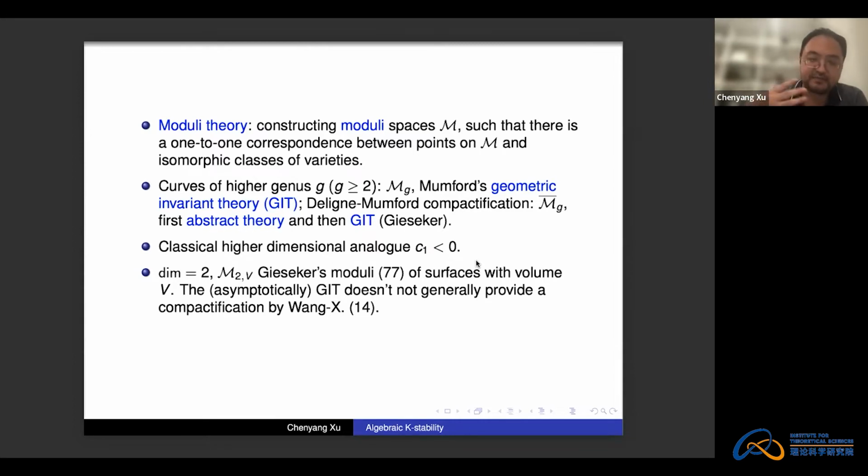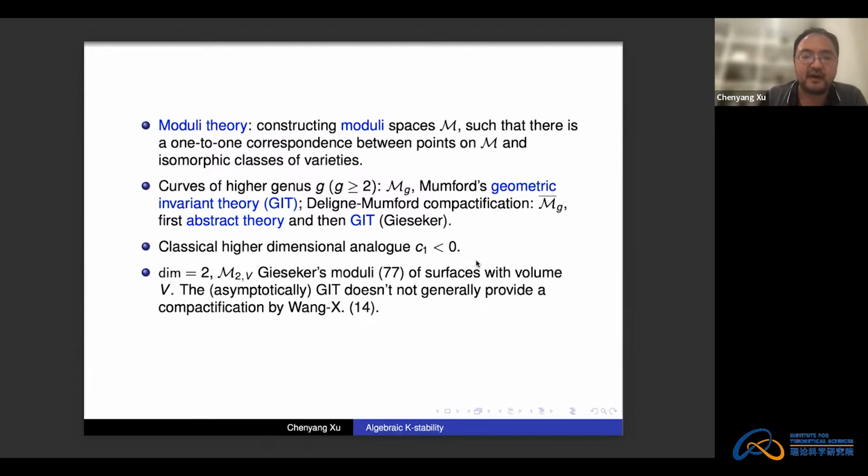He constructed a space whose points precisely correspond to smooth curves of genus at least 2. For different genus, of course, they form different components. But if you fix the genus, then you have a coarse projective variety.